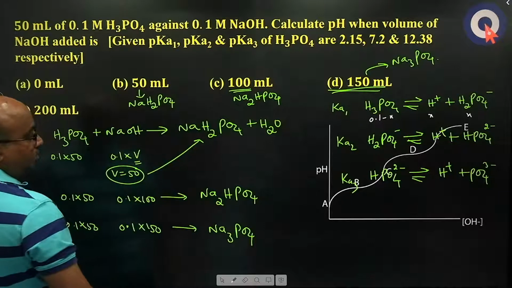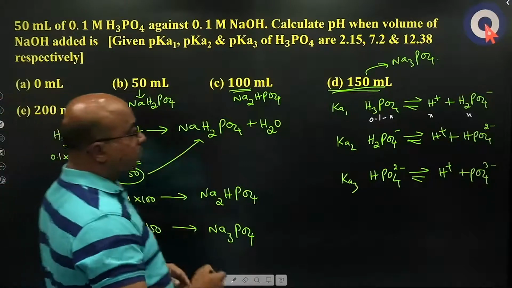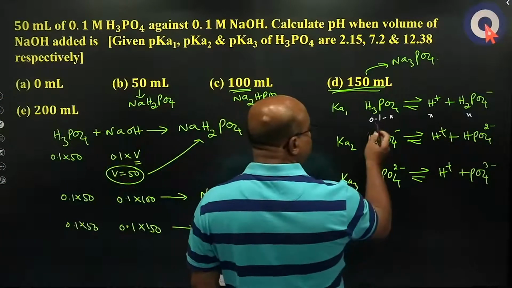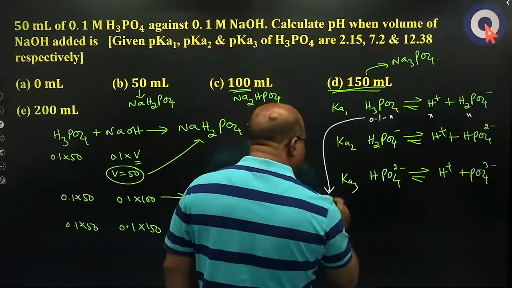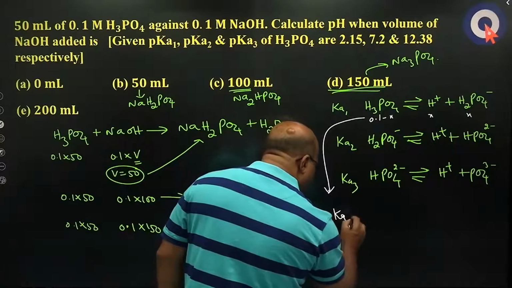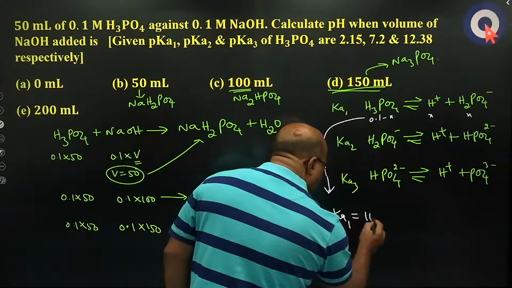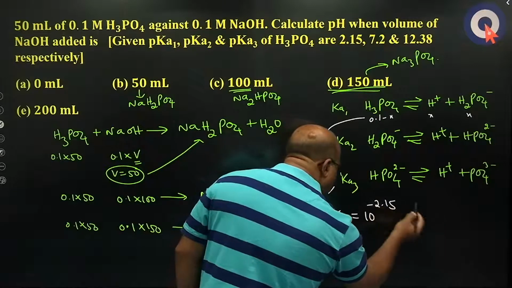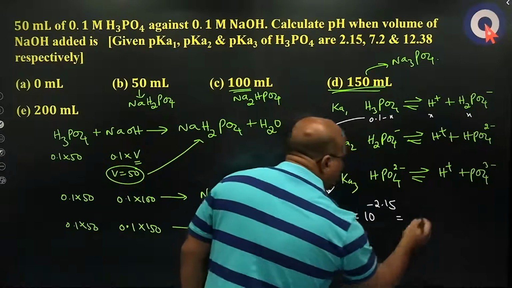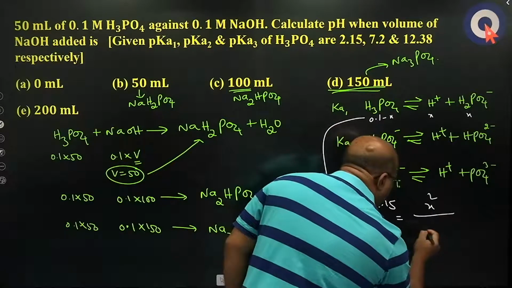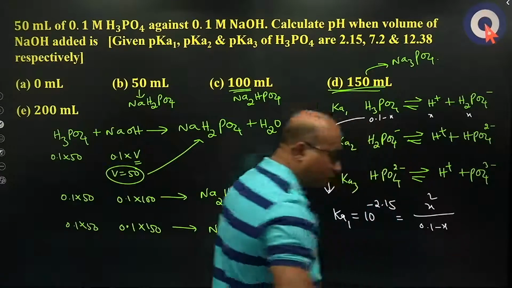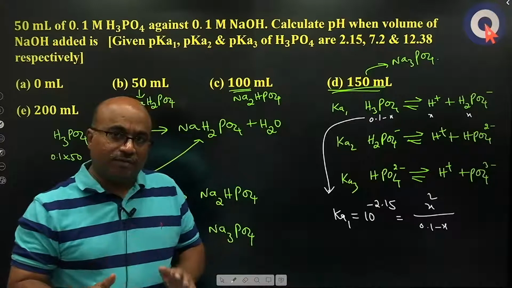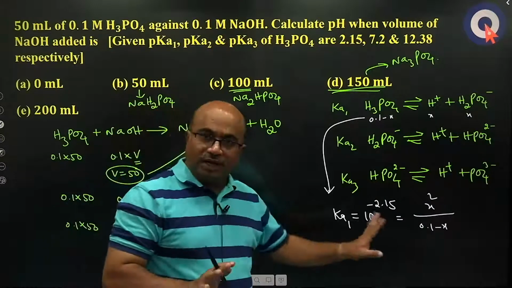So what can we do? Ka1, which is nothing but 10 to the power of minus 2.15, is equal to X square by 0.1 minus X. If we want an exact way of determining, we can determine like this.